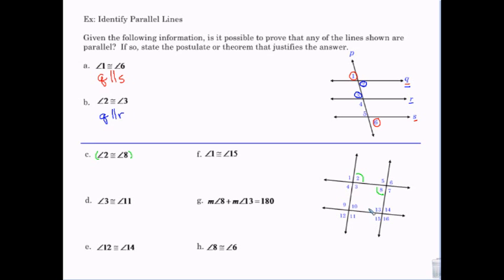Oh, I didn't label the lines. Okay, we'll label the lines real quick. These are interior to lines C and D. They're on opposite sides of line B. So line B is the transversal. Okay. And that makes lines C and D parallel.